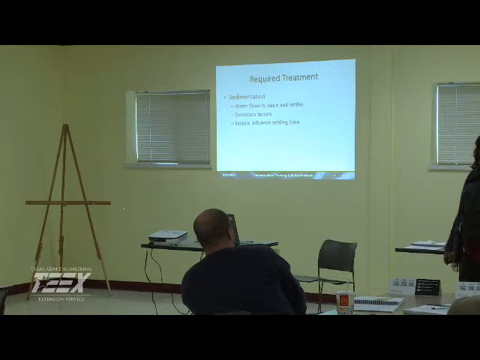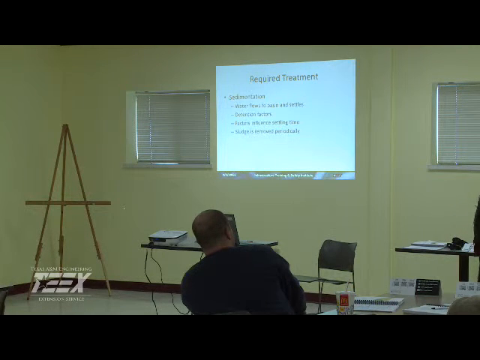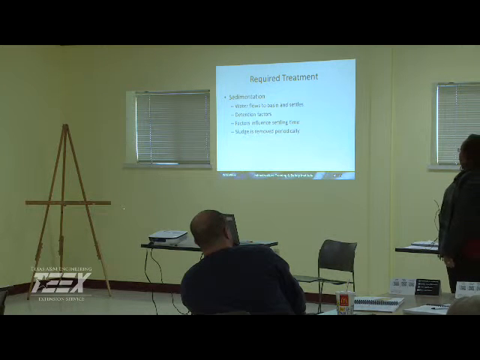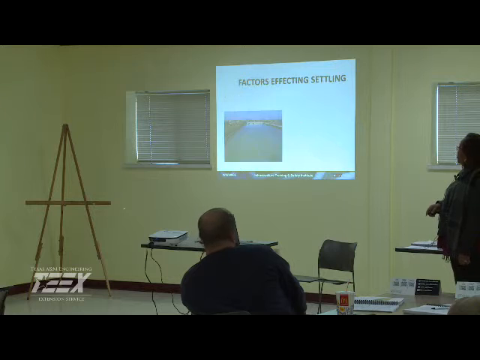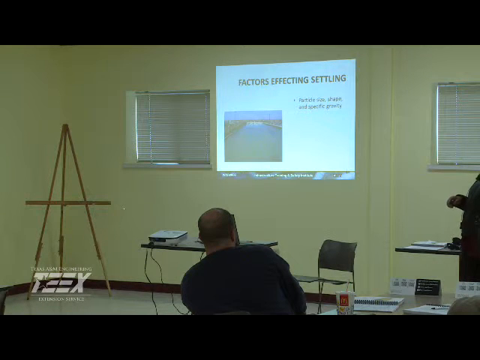Velocity through the tank will affect the settling. If something is moving real fast, it's not going to settle out. But if we slow it down, there's enough time to settle out. Then we need to remove the sludge periodically. Then we're going to look at settling tank zones in a minute here. So, as you told me, particle size, shape, specific gravity, all of that will affect the settling.